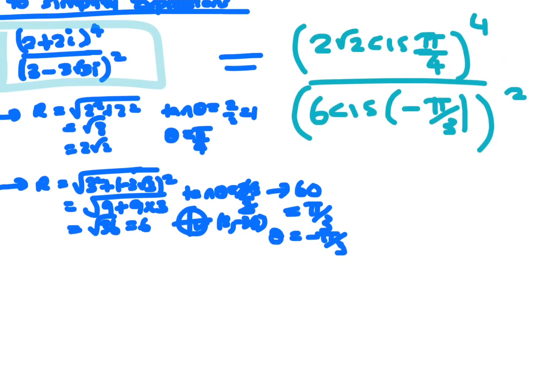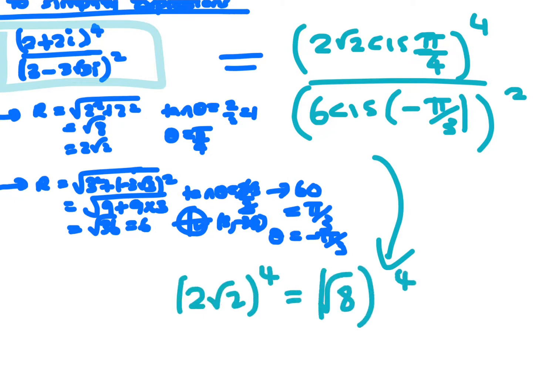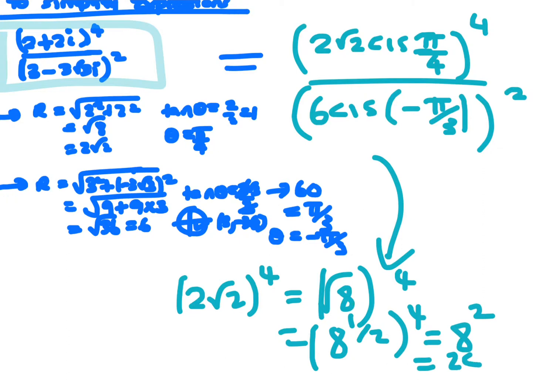So 2 root 2 to the power of 4. Might be easy just to do root 8 to the power of 4, because then it's 8 to the half to the 4. So it's 8 squared. It'll be 64.